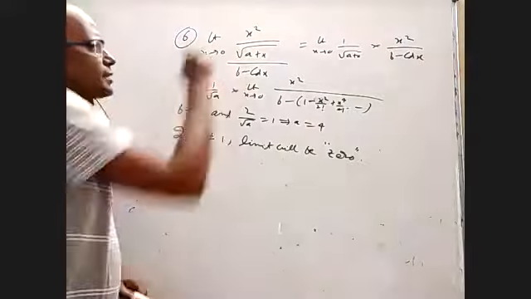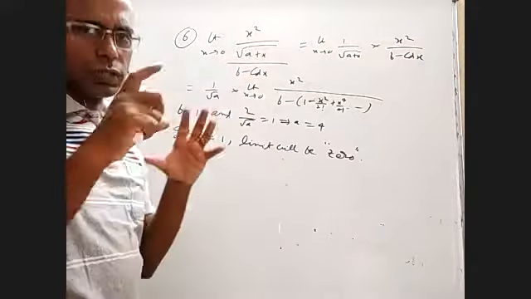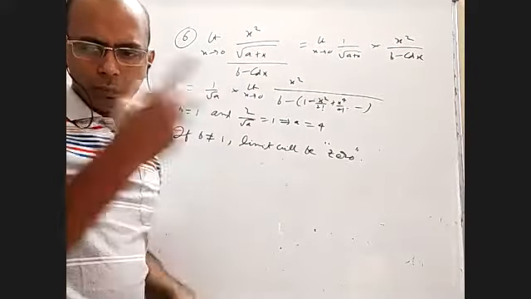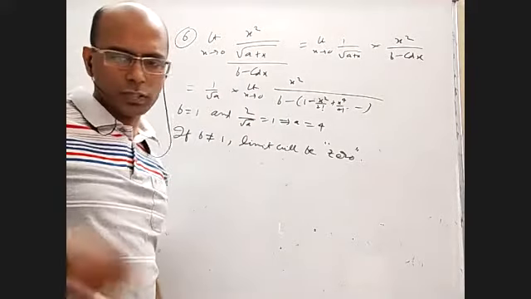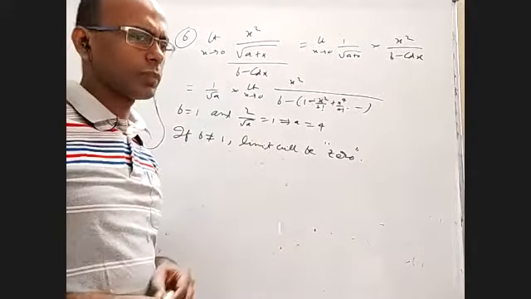This is a question as it is. I took root a plus x separate, not as it is. Actually, the question is in 0 by 0 form because the numerator is integral 0 to x. So when you put 0, it will become 0. Denominator also 0. So I'm using L'Hospital rule.